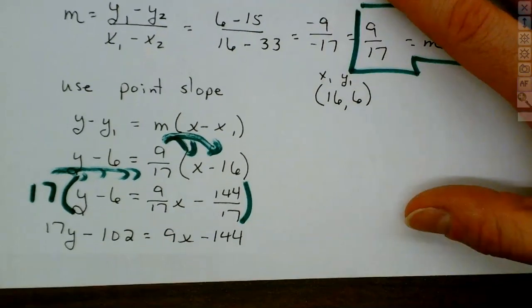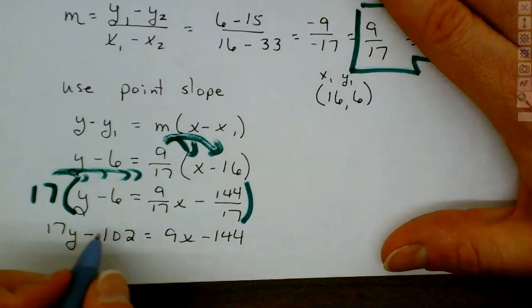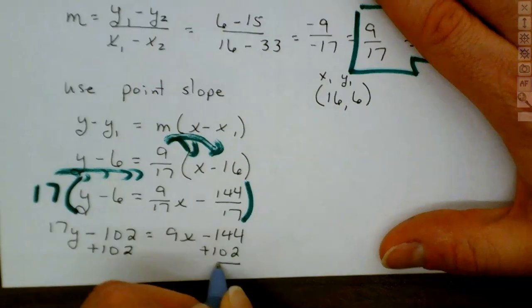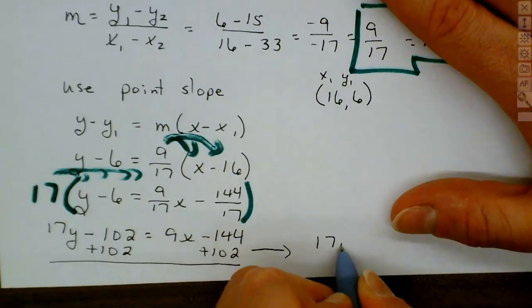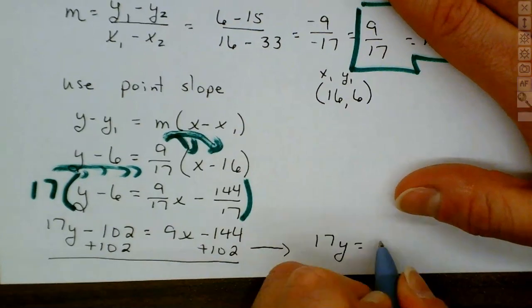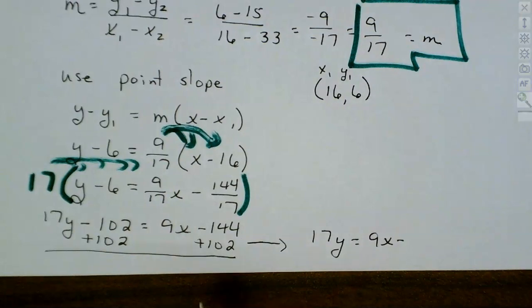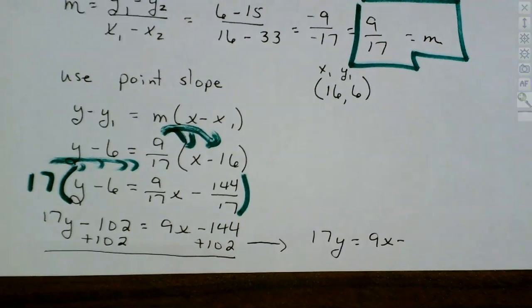And what do we want to do? We want to get this in slope-intercept form. So we're going to go ahead and add this 102 over. Now we've got 17y equals 9x minus, is that going to be 42, isn't it? We've got 144 minus that 102. That should be a 42.